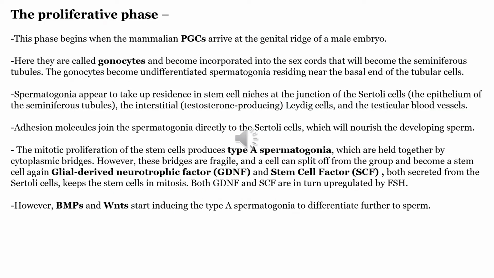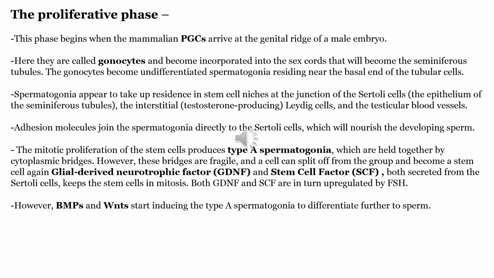Now this slide shows the first phase of spermatogenesis, that is the proliferative phase. In this only mitosis takes place, and it begins with the mitotic division of spermatogonia. Spermatogonia are derived from gonocytes, which in turn are derived from primordial germ cells.